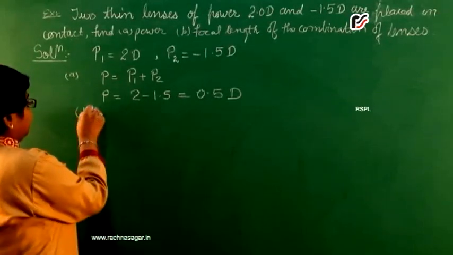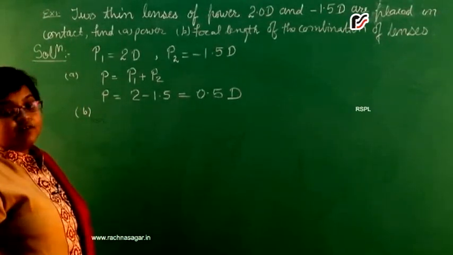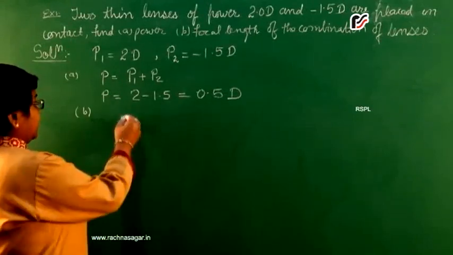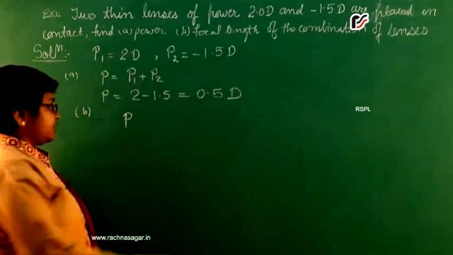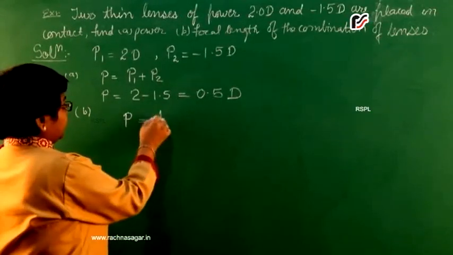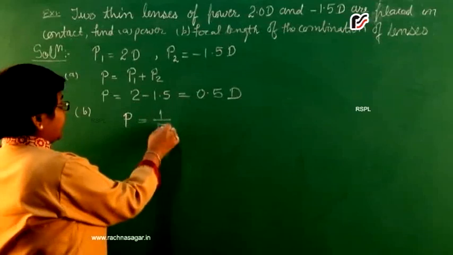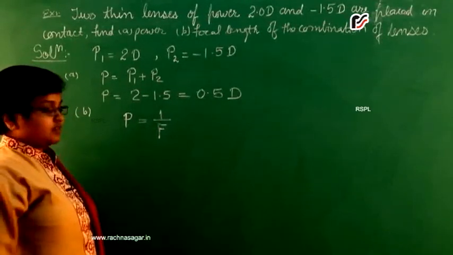Case B. What about the focal length of the combination of lenses? The power of the combination of lenses is equal to the reciprocal of the focal length of the combination.